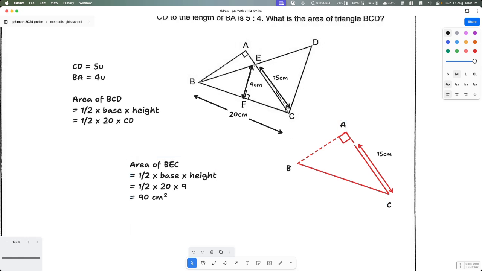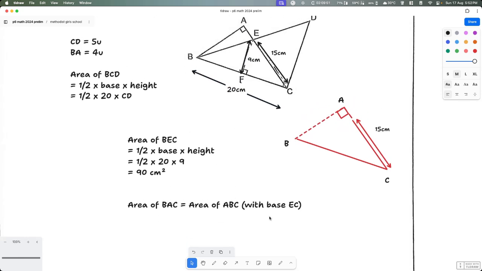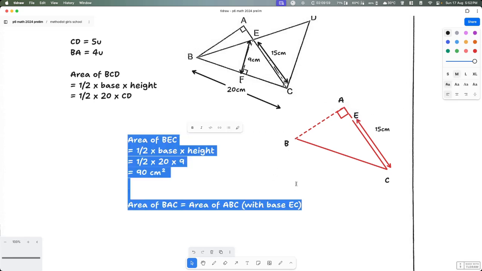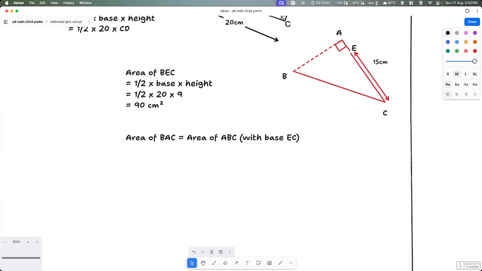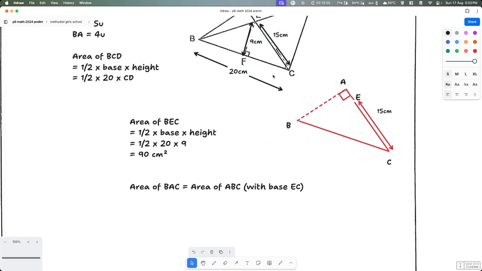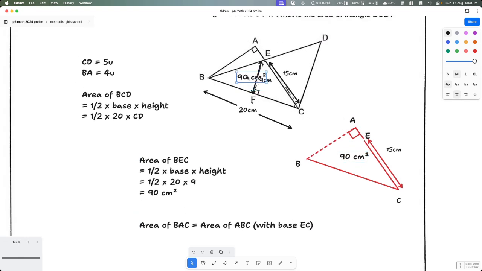So area of BAC is equal to area of ABC with base EC. BAC, yes, ABC, correct. The base over here is EC. Since we know this is 90, let me put here 90 centimeters square. So this over here, 90 centimeters square, is the same.